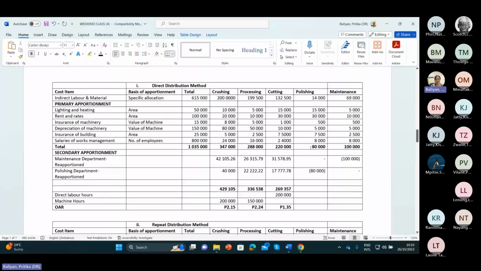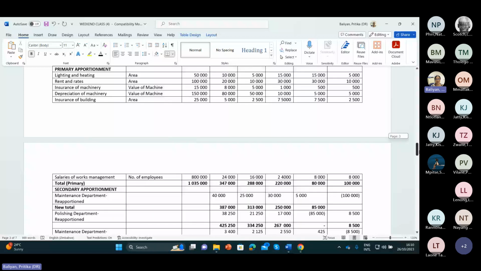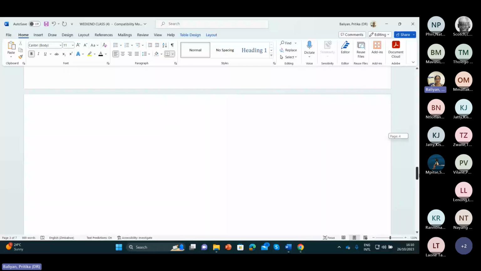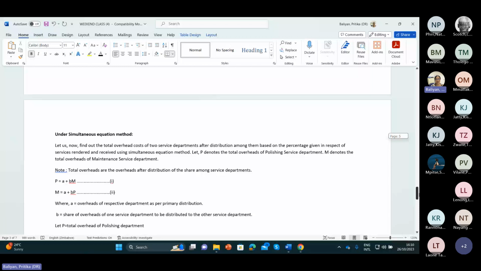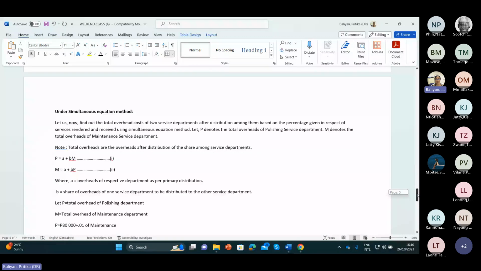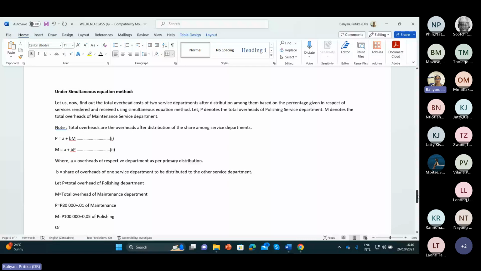We know that in 80,000, what is the portion from the maintenance, and for the maintenance 100,000 plus whatever the percentage, 5% or 10%, is the cost from the polishing department to the maintenance department. For that, we need to find out the relation between the departments, in which they are rendering their services to each other.